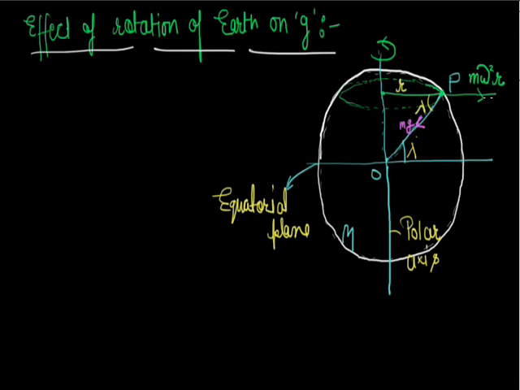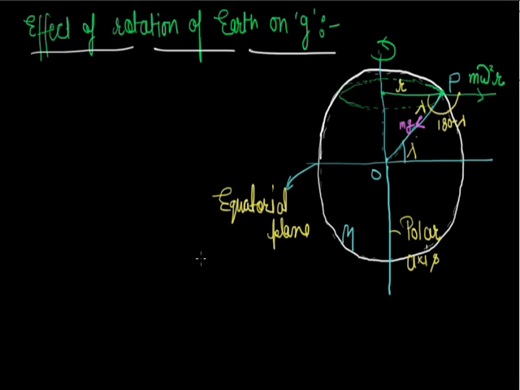So it will be the direction of centrifugal force. Now the net acceleration due to gravity of this particle will not be mg, and it will change by some amount, and it can be calculated by the resultant of mg and this force m omega square r, and the angle between these two forces will be 180 minus lambda.